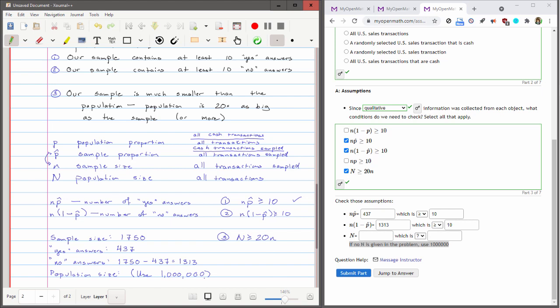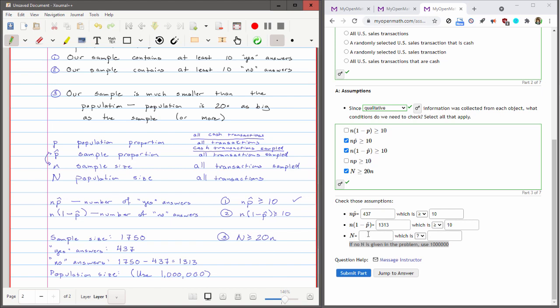And the reason that we can just do that is, I think you'll agree that there were definitely more than 1 million sales transactions in the US last year. The population of the US is something around 300 million, and most people made more than one sales transaction last year.